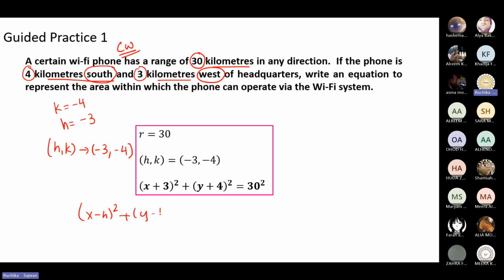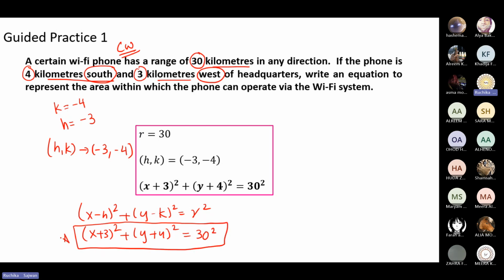I already told you this one. When you plug in here, there is x minus h, and your h and k both are negative. So minus of minus is positive. That is the reason why when you put it in the equation, it becomes positive, even though the center had negative coordinates. So easy, right?